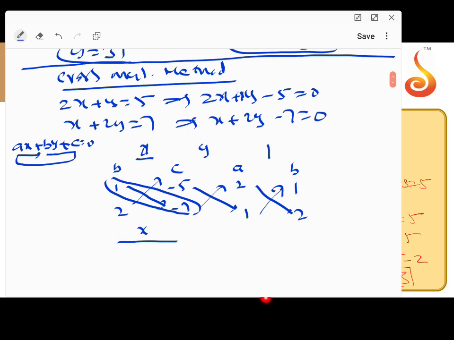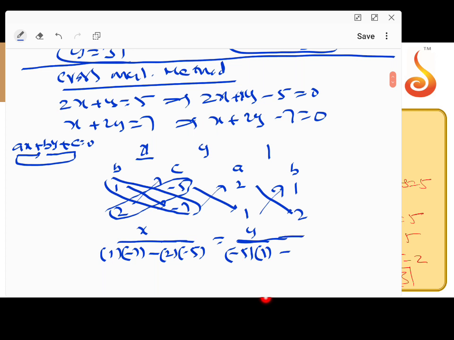So first multiply 1 and minus 7 over. Next, keep minus, that is the rule to take. And other part of corners, that is 2 into minus 5. The product of this corner and this corner you can take it. Follow the same rule for all the three. So here minus 5 and 1, minus, and other corner minus 7 and 2.